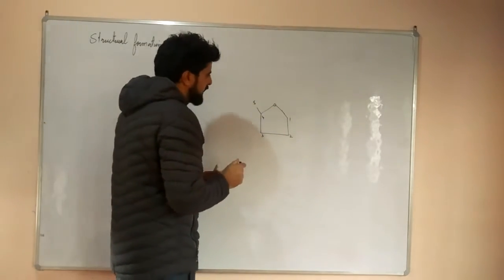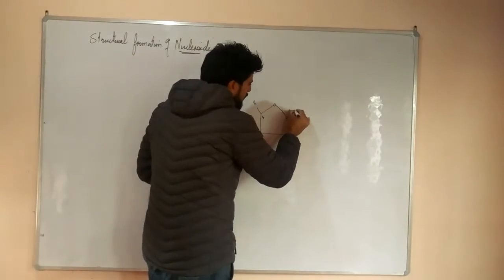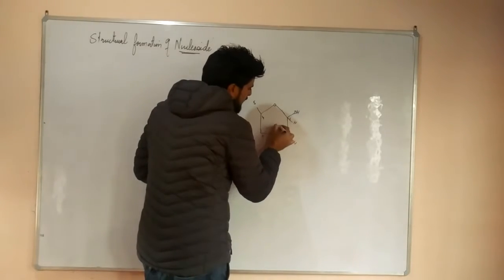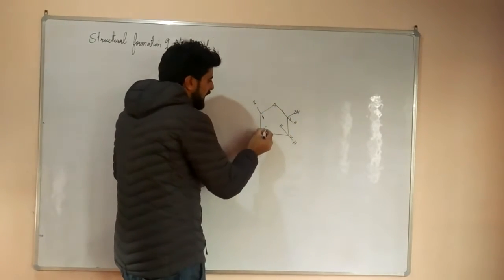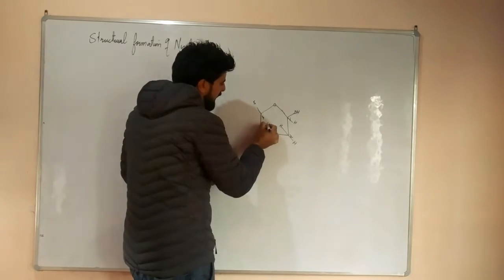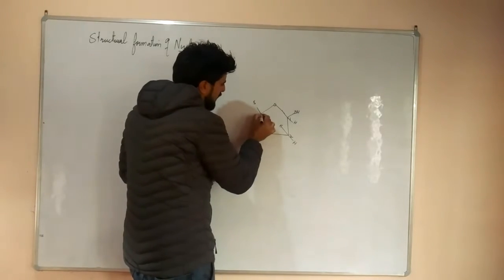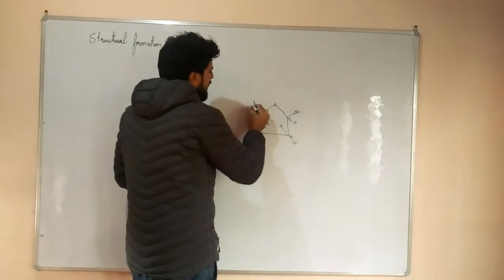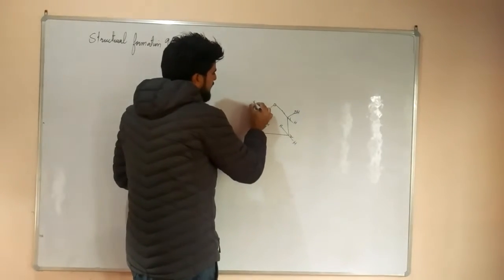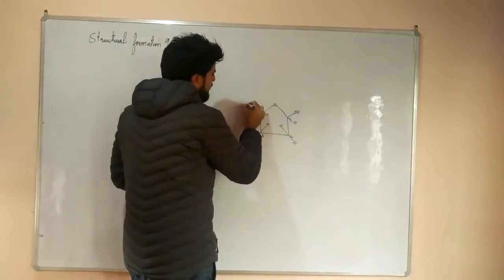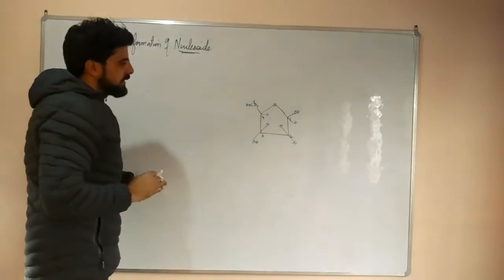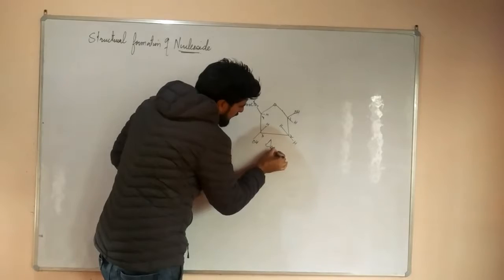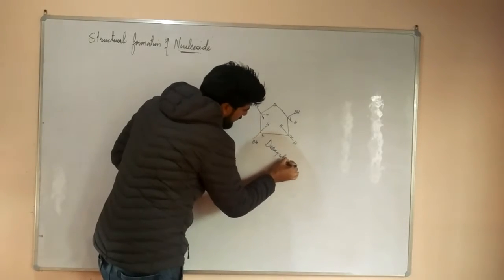Now here on carbon number 1, we have the presence of OH and H, and in carbon number 2, we have the presence of H and H only in case of DNA, and here we have the presence of H and OH, and on carbon number 4, we have the presence of H, and on carbon number 5, we have the presence of CH2OH. Now this is the structure of our deoxyribose sugar.